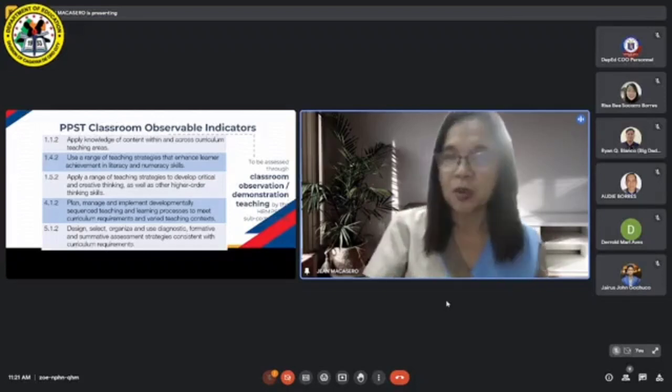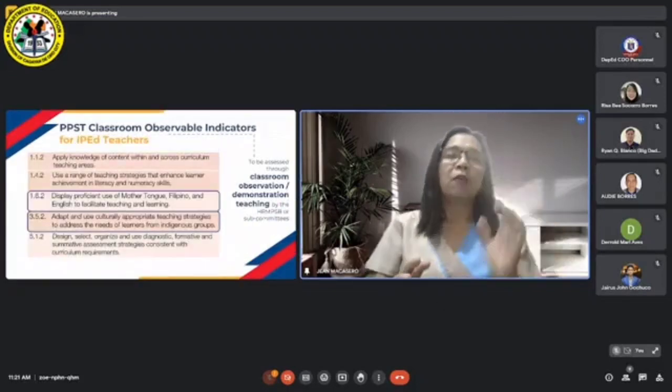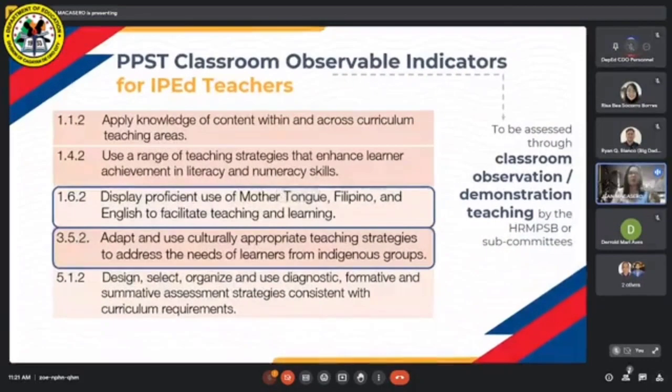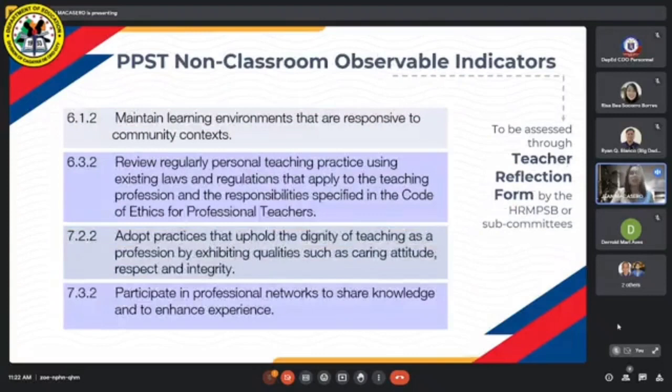They are the ones who will observe you. The same applies to the iPad teachers. The only difference is that they include 3.5. Still, the process is the same.